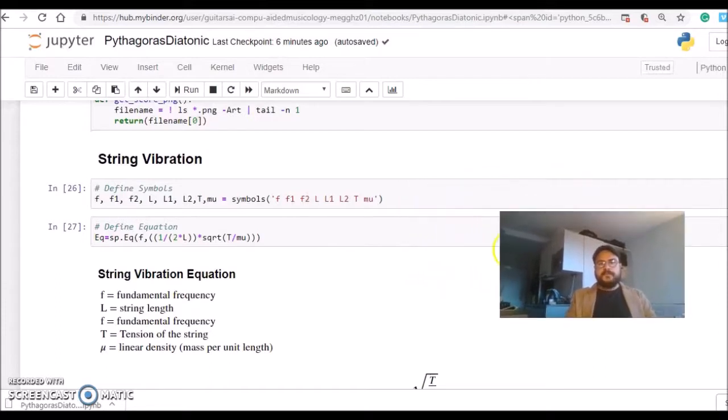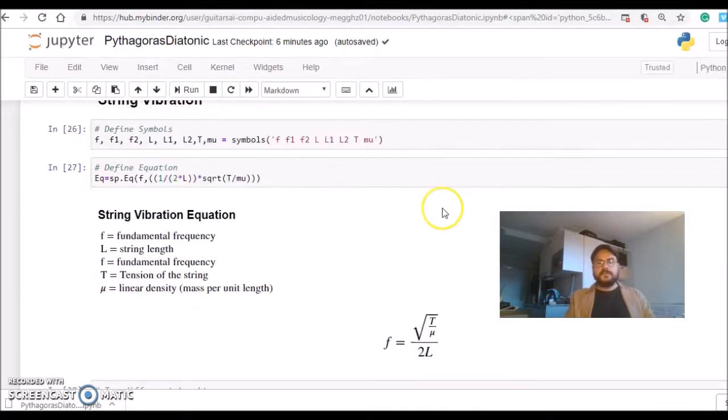Before we go into the studies and observations of Pythagoras, we need to go over the string vibration and the wave equation of standing waves in a string. You'll find it in many different books about this subject. This is a common equation in which the frequency is a function of the square root of characteristics of the string, the tension applied to the string, and the length of the string.